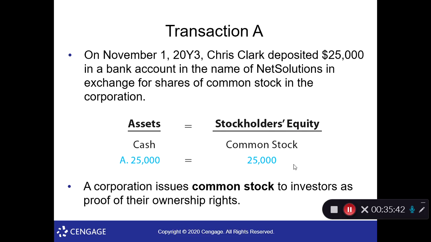These slides are going to outline the impact of these transactions on the accounting equation, and we will walk through that. But then what I also want to do is show you what these transactions would look like in the form of a journal entry. So we're going to walk through that together.